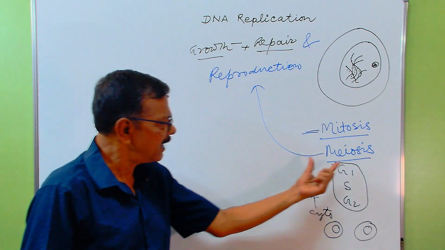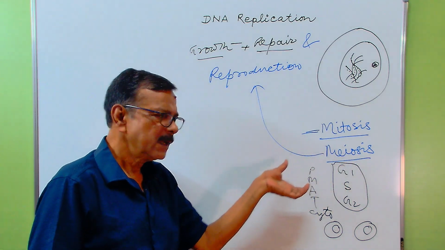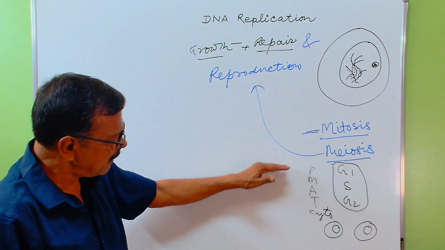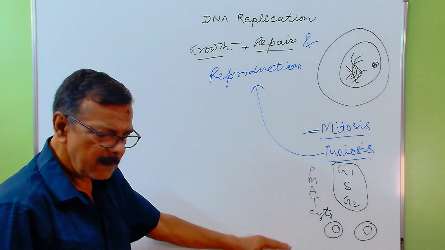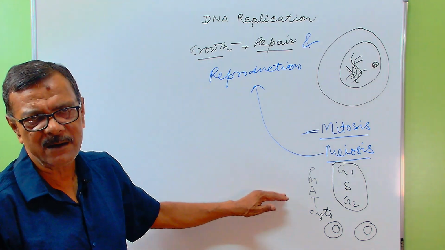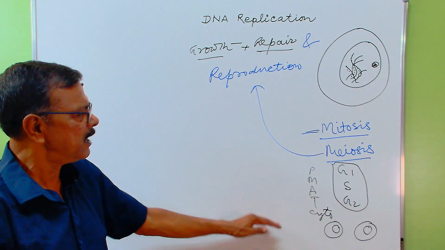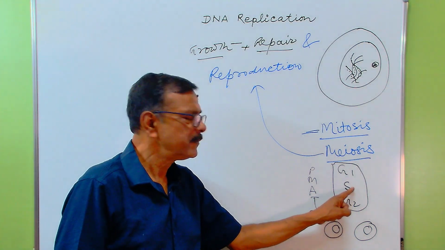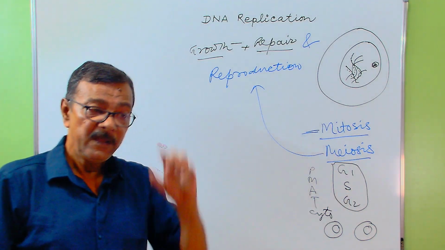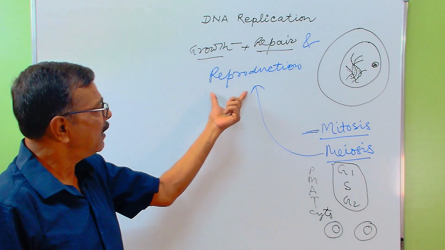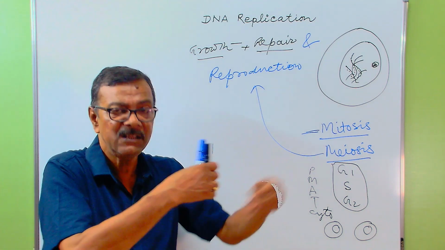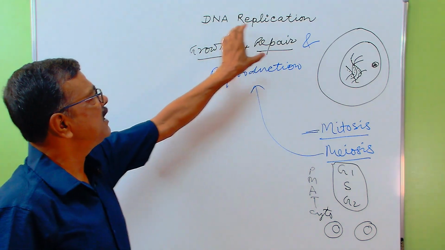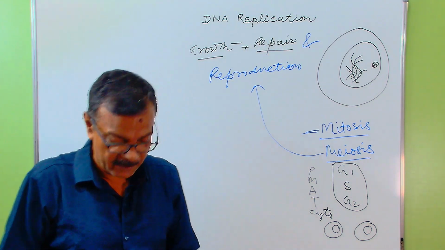There you will find that in meiosis there is also a mitosis, called meiotic mitosis. After that there is meiosis, one is reductional division, another is equational division. But there also it undergoes the synthesis phase. In that phase, for reproduction, new synthesis of DNA takes place. That is why DNA replication is so important.